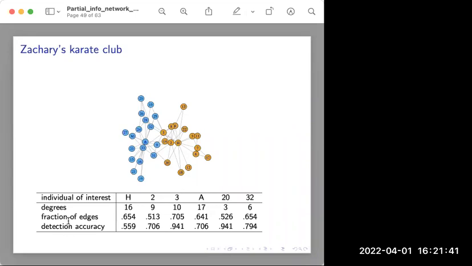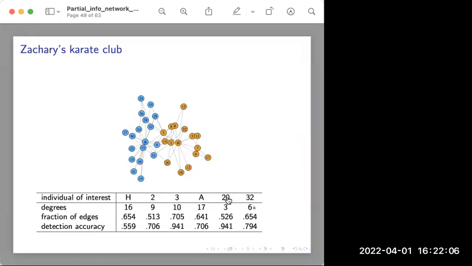Here in the table, I'm showing the degrees of each node, for these 6 nodes we have selected for comparison, the fraction of edges they observe within their partial network, and the community detection accuracy using that individual as the center. Quite surprisingly, these 2 hub nodes don't give you the best clustering accuracy.